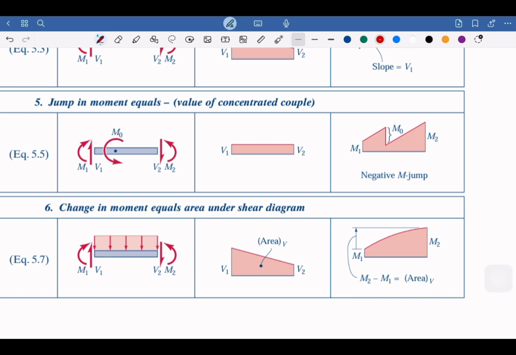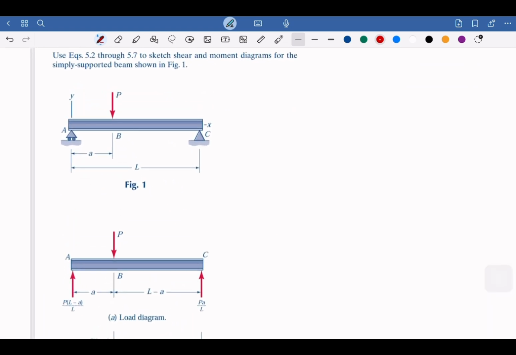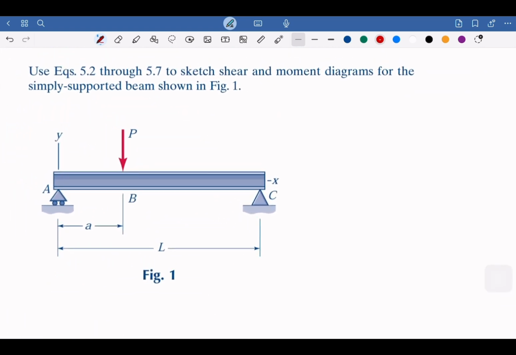Because beams can be complex. So let's go for just one example, and if we have time, we can have 2 examples, but if not, then one example. So I think this example here.